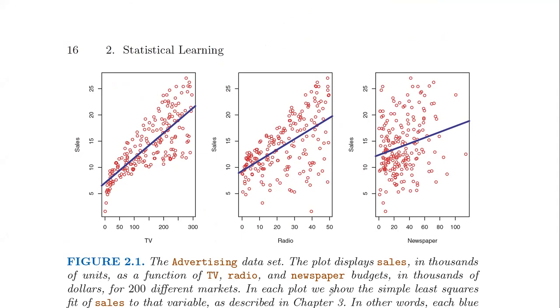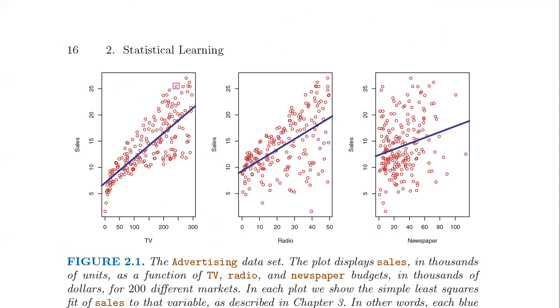So each data point, this is really interesting. Each data point, the data subject, what does it belong to? Does it belong to a person? Does it belong to a company? It belongs to a different market.